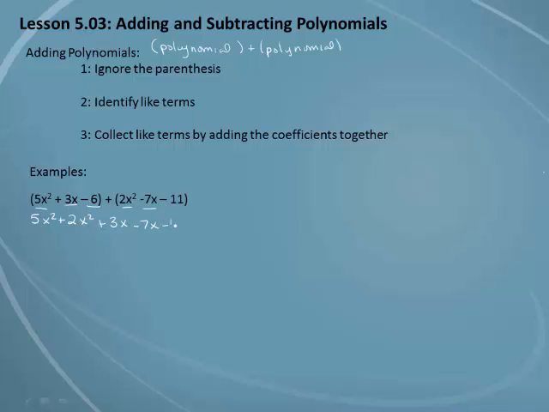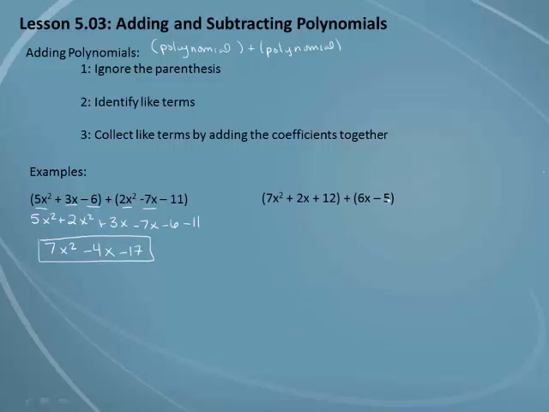And then I have negative 6 and negative 11. Then I'll collect my like terms by adding the coefficients together. 5 and 2 is 7, so I'll have 7x squared. 3 minus 7 is negative 4, so negative 4x, and then negative 6 and negative 11 gives me negative 17.